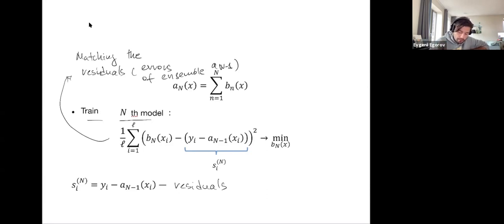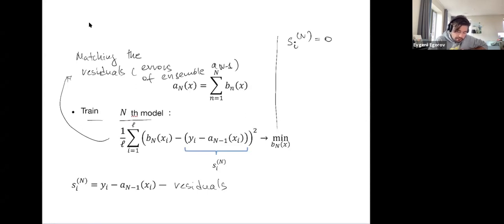Okay. Also, let's assume that on some object, this guy is equal to 0. Yeah, what does it mean? Then it means that we already predict on that object perfectly, and there is no need to modify anything on this object.